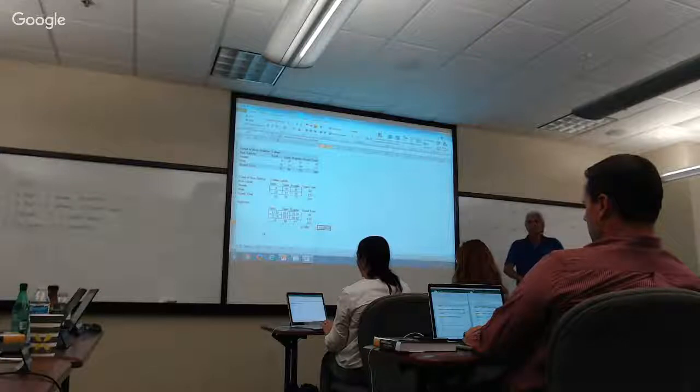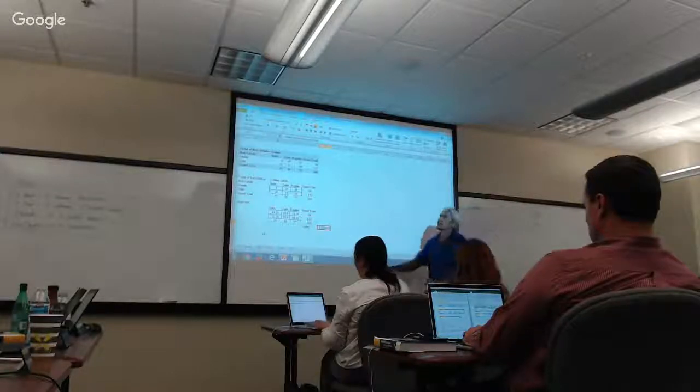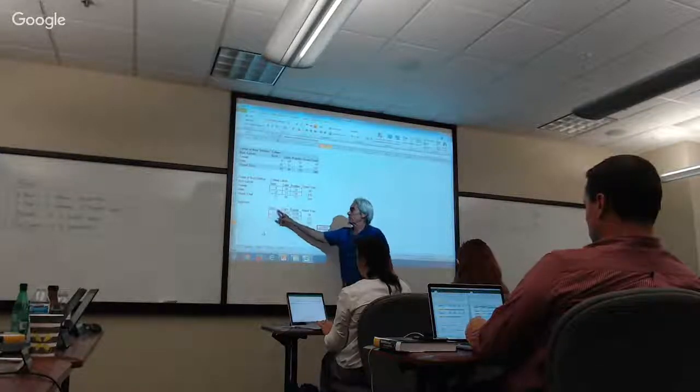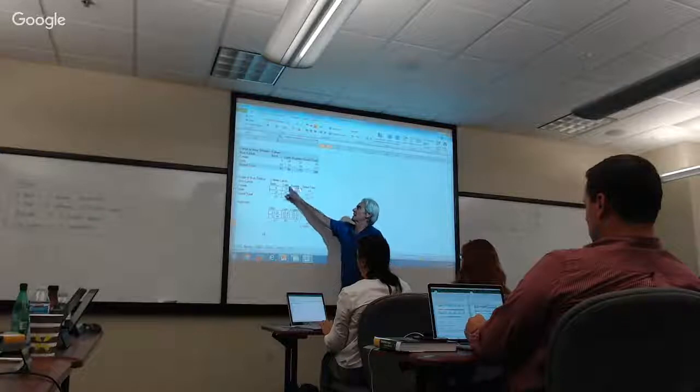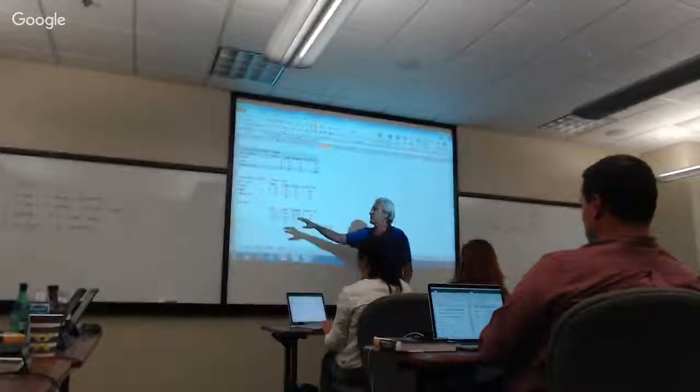Again, if it's significant, it means the variables are not independent. If we get a significant result, we're saying that gender is not independent of beer, or beer is not independent of gender. It's one and the same thing, right?